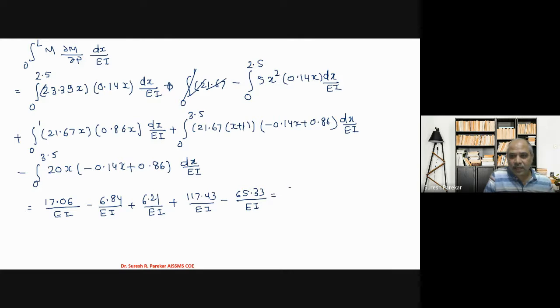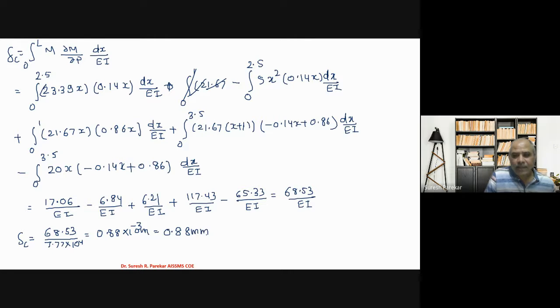Then we have this value as 68.53 upon EI. If we put the value of EI, we can say delta at C is equal to 68.53 divided by 7.77 into 10 raised to 4, and we get this value as 0.88 into 10 raised to minus 3 meters, which is equal to 0.88 millimeters.